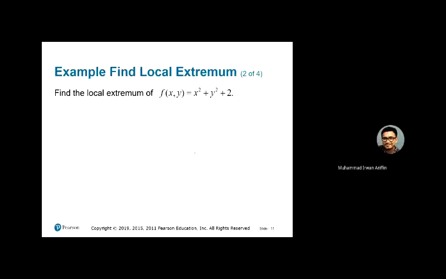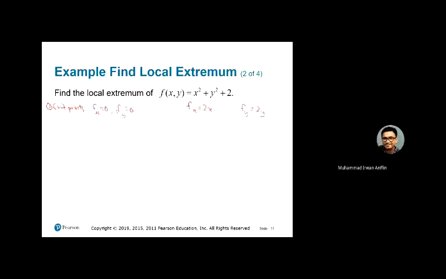So let's try to do the steps. Step number 1, we need to find the critical points. So how do we find the critical points? We need to find where f sub x equals 0 and f sub y equals 0. What is our f sub x? It is 2x. And what is our f sub y? It is 2y.